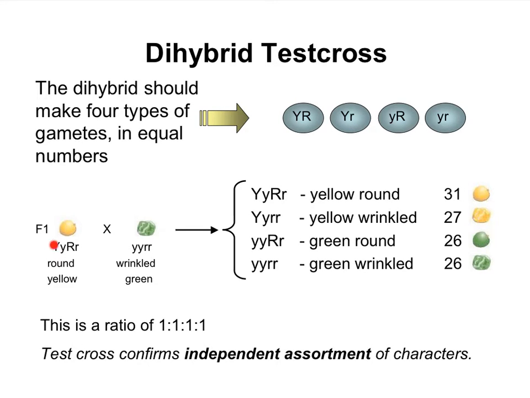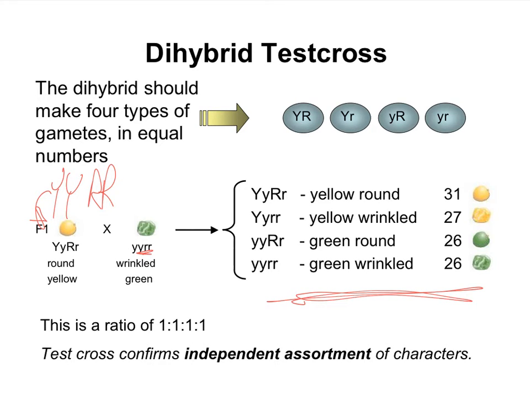If this individual here was big Y, big Y, big R, big R, it would still be yellow and round. But when I crossed it with this little y, little r, the homozygous recessive, then my products would all be round and yellow, right?